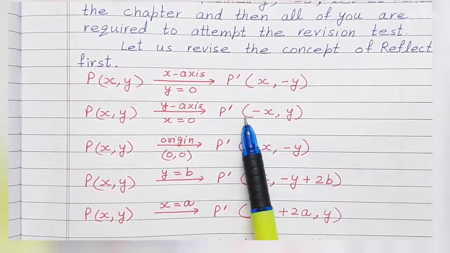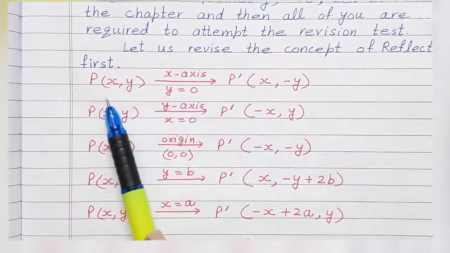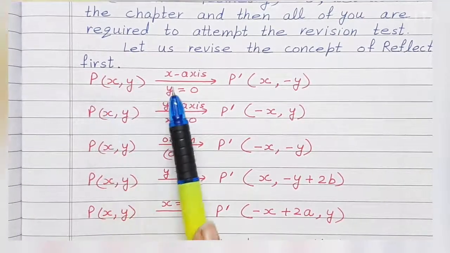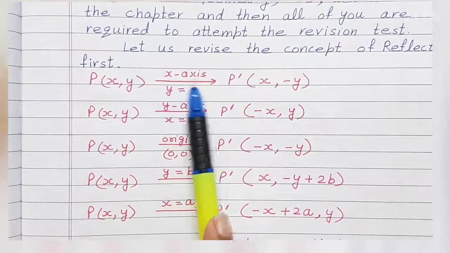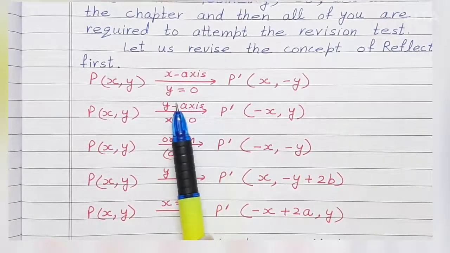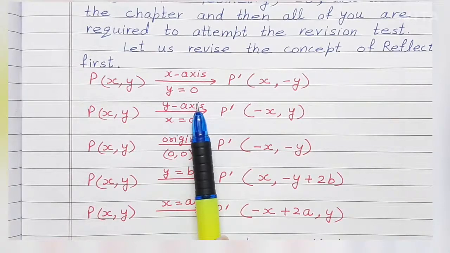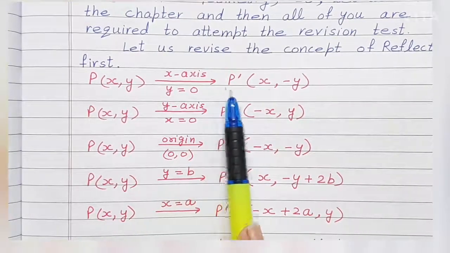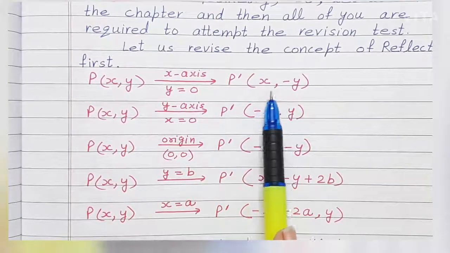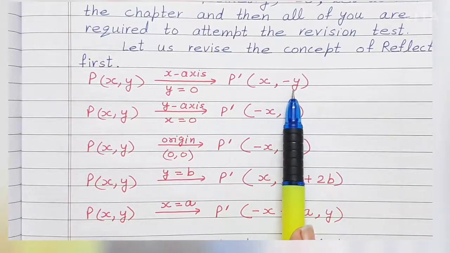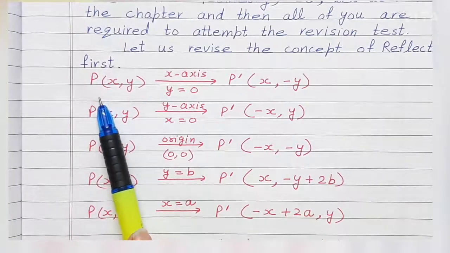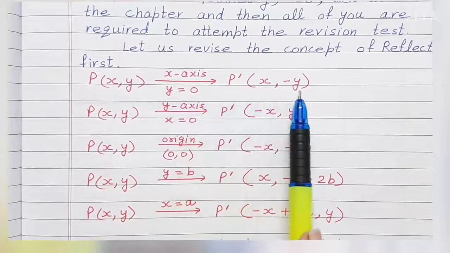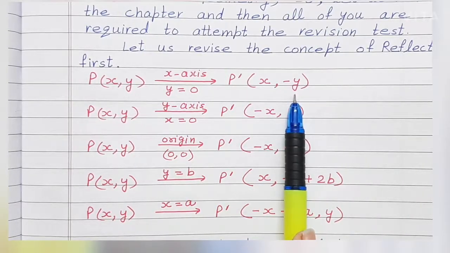Now students, you all know that whenever we have to reflect any coordinate along x-axis, x-axis means where y is 0, the point becomes P dash (x, minus y). This means whenever you reflect any coordinate along x-axis, the sign of y will get changed.